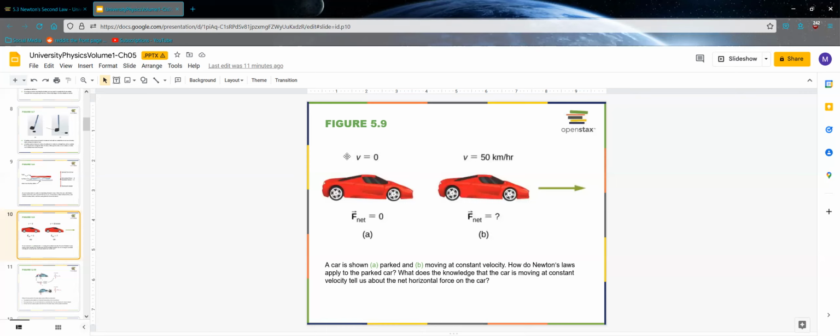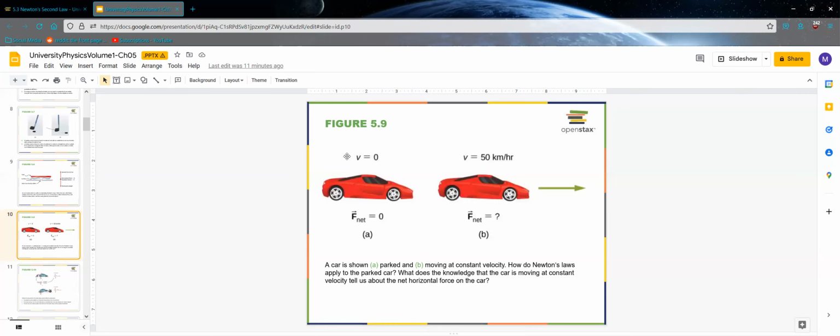If something is moving, it's not going to speed up or slow down unless something causes it to speed up or slow down. Again, imagine we're not dealing with air drag force and all that, right? Vacuum chamber sort of stuff.